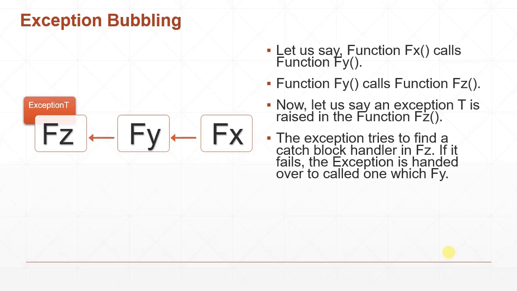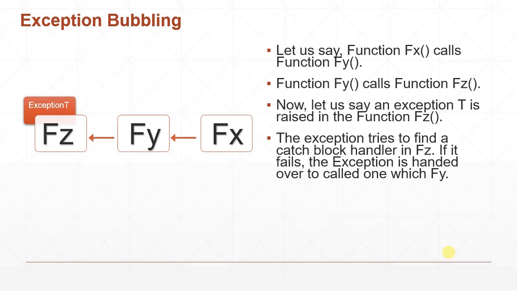Here, if you look at the picture, the exception is raised in function fz. fz may have a try catch block or it may not. If the statement raising the exception is not inside the try block, then exception T travels back in the call stack. That means exception T is handed over to the function which is calling fz. That's one case.